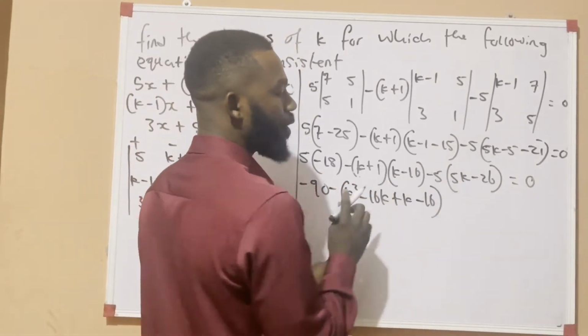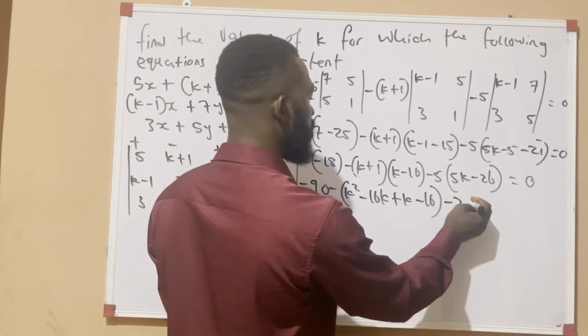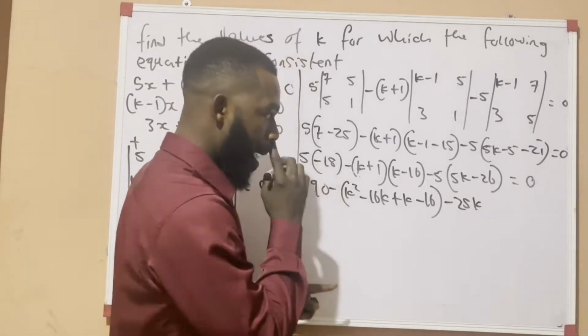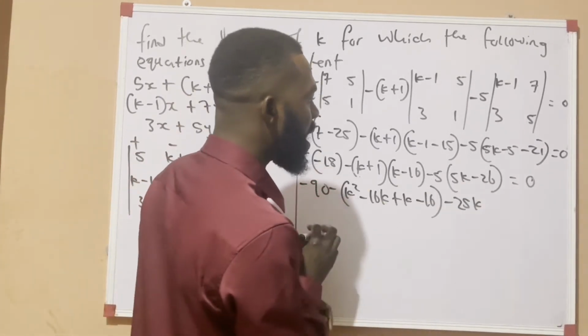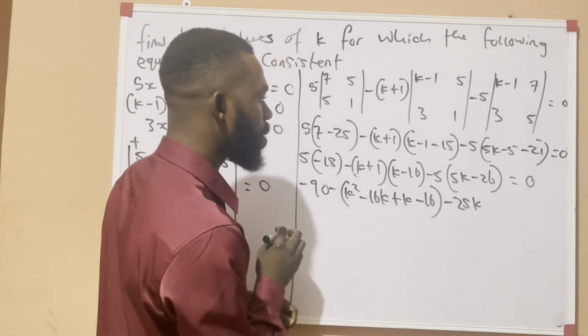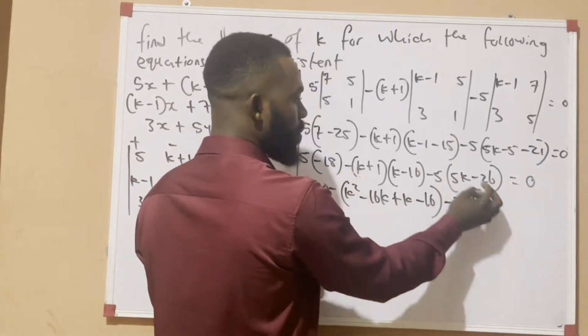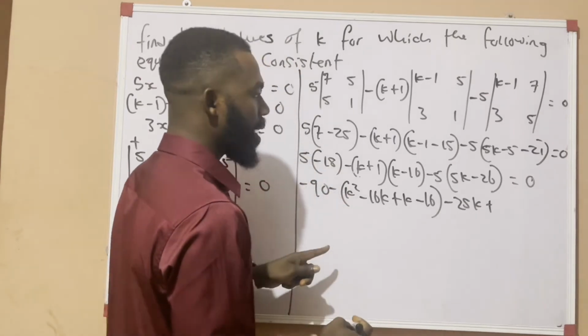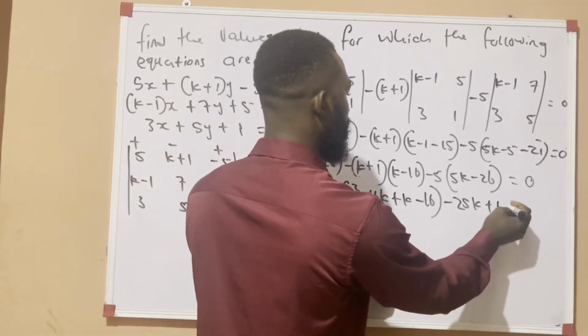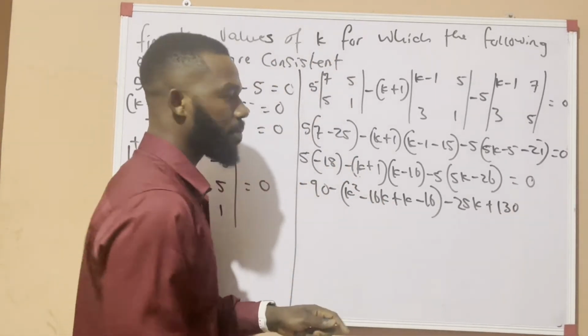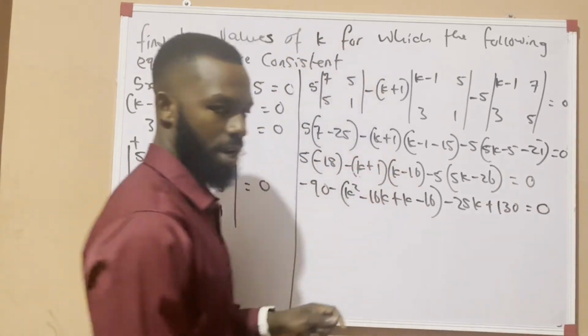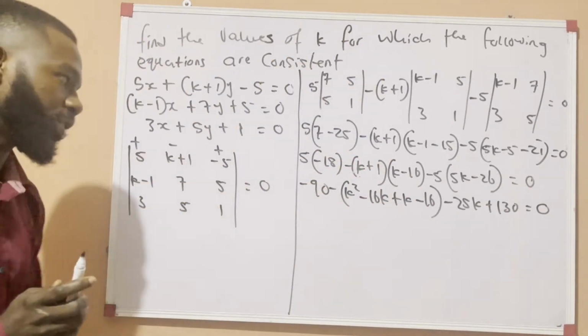Now, minus 5 times 5k gives us minus 25k. And minus 5 times minus 26 gives us minus times minus gives us plus, and 5 times 26 gives us 130 equal to 0.